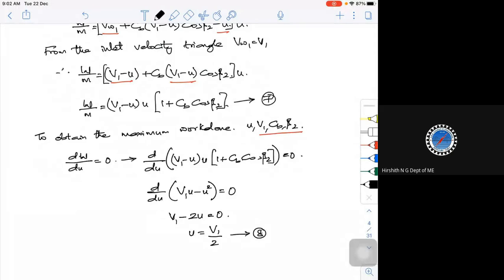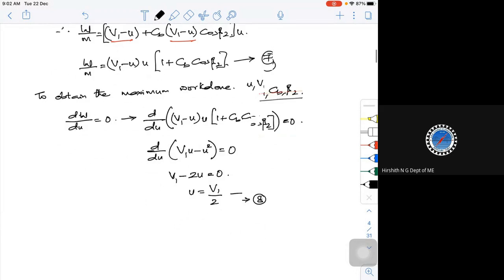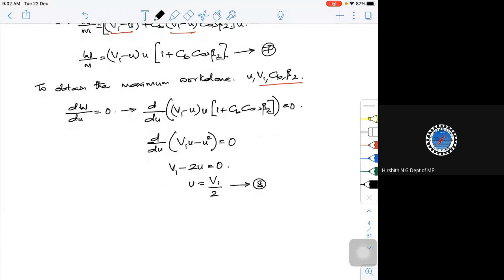So what I'm going to do is substitute this value of U in equation 7.